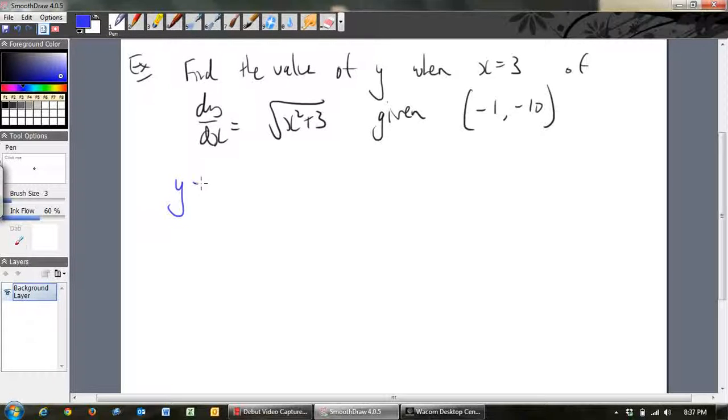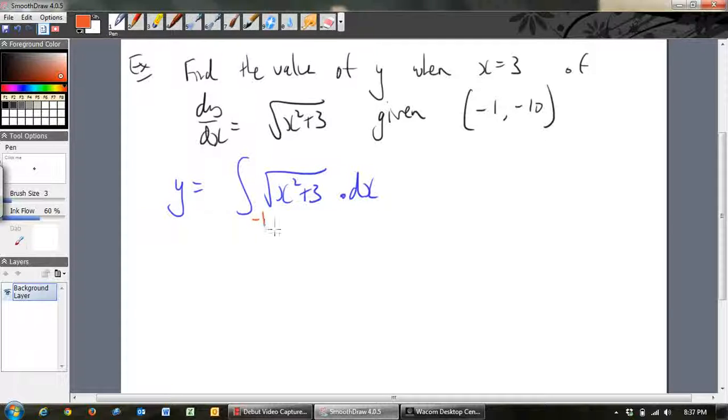So y equals the integral of the square root of x squared plus 3 dx, and let's think about what our spots are. We've got 3 spots. On the integral is where you put your x's, but let's worry about which ones are the given points. Your given points are one at the bottom and one to the right. Remember, x's go on the integral, so what's the x value that we're given? It's -1.